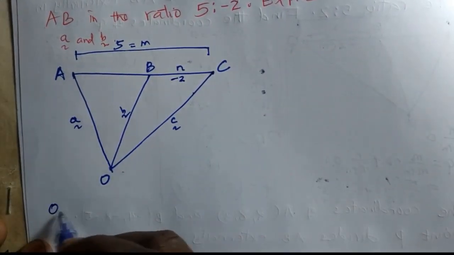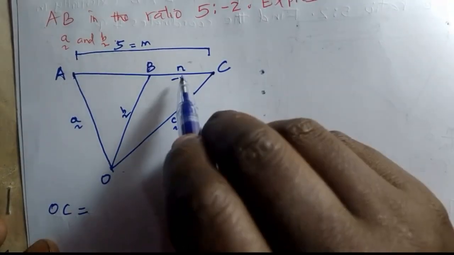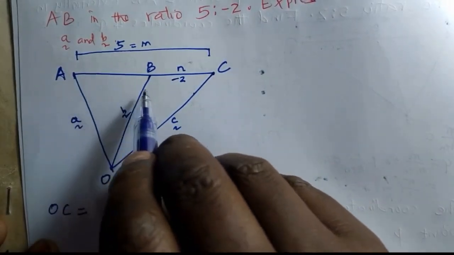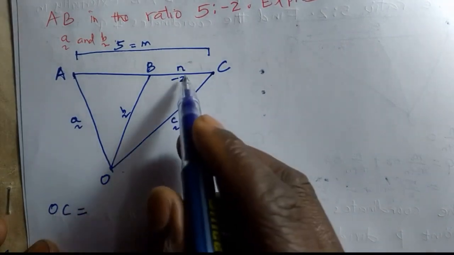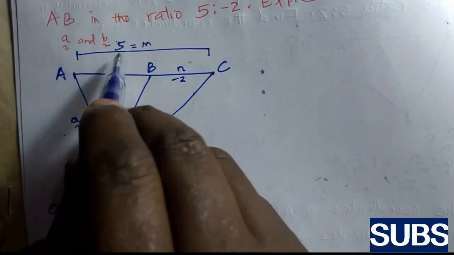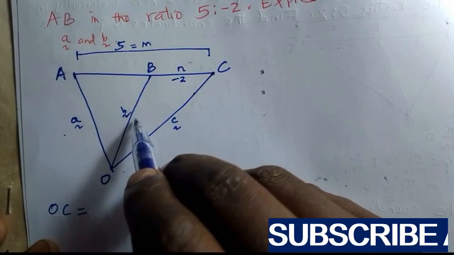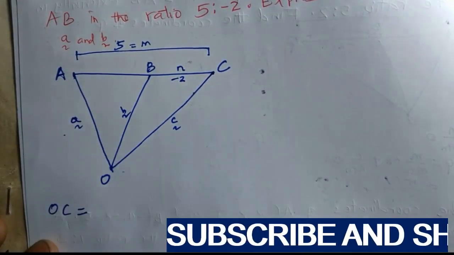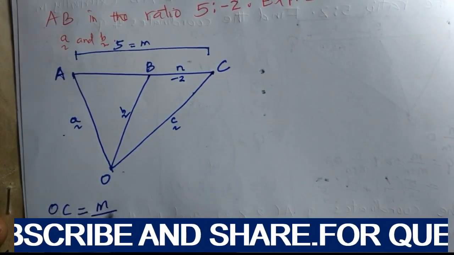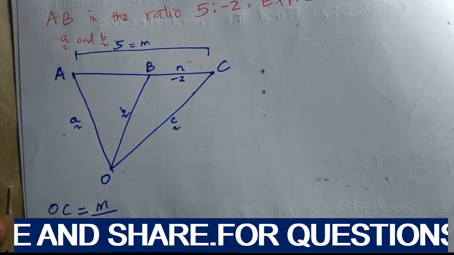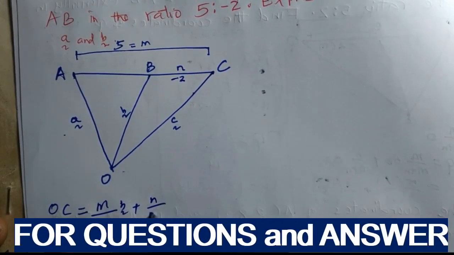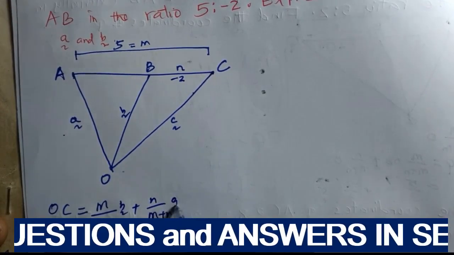So OC is equal to M over M plus N times B, plus N over M plus N times A. The opposite of N is here, and the opposite of M is B.